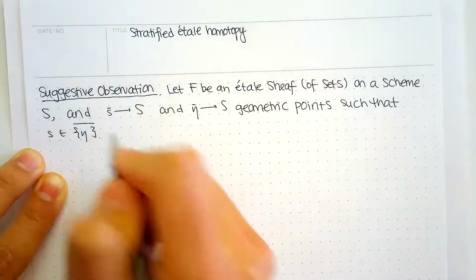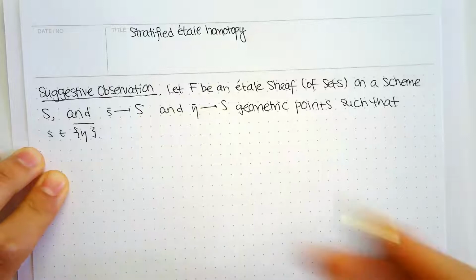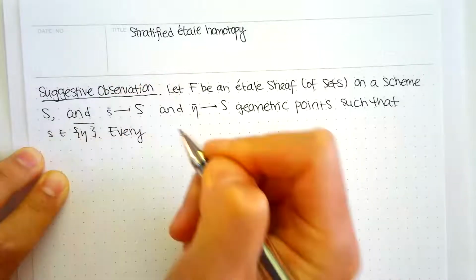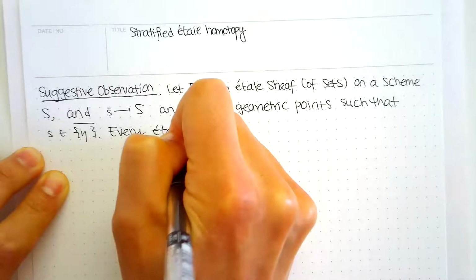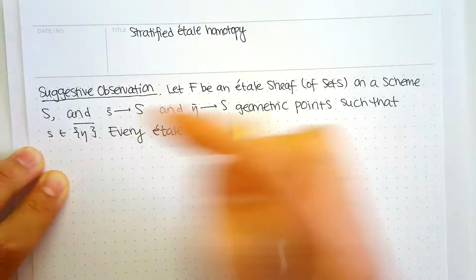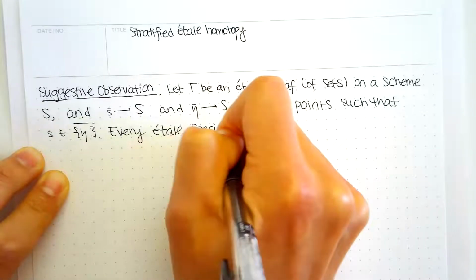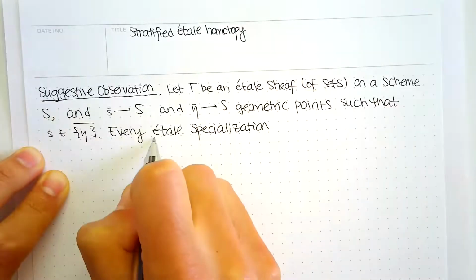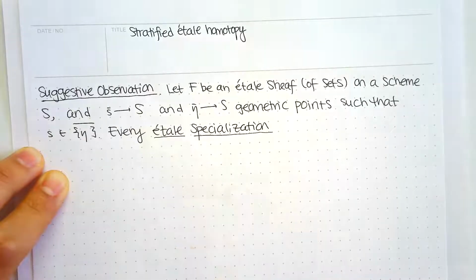Okay, and the thing that I want to recall is that every Étale specialization, so this means that S is the specialization of eta. For topological spaces, specialization just means that you're in the closure of some other point.